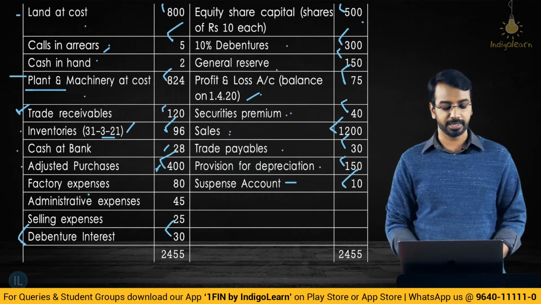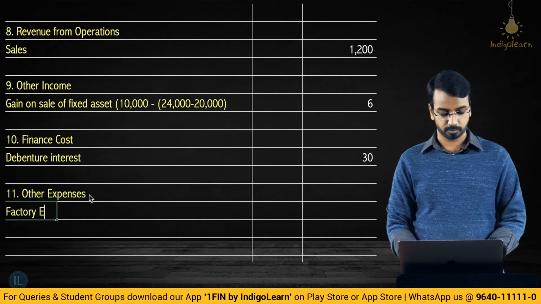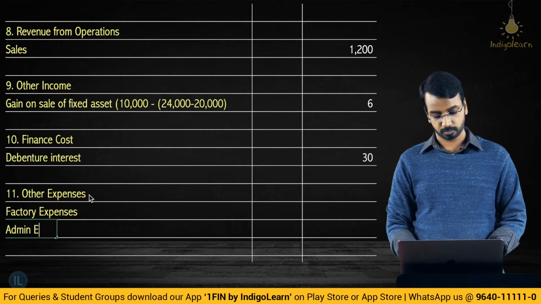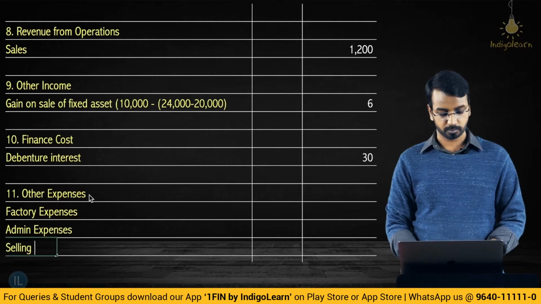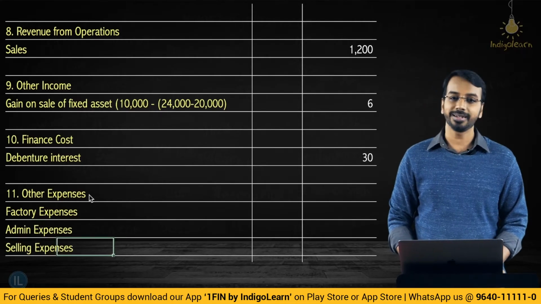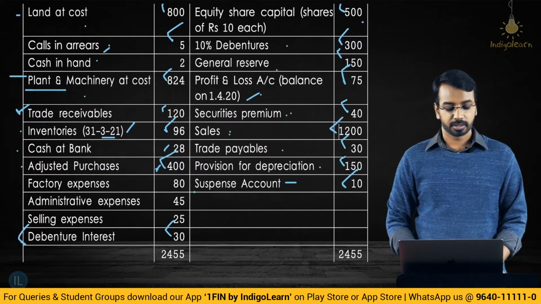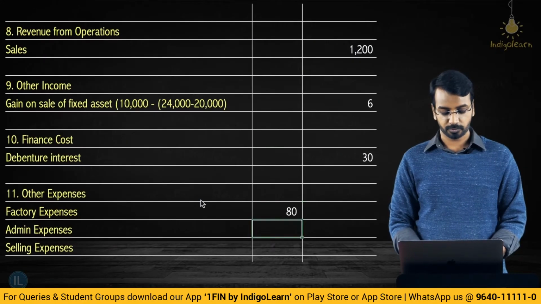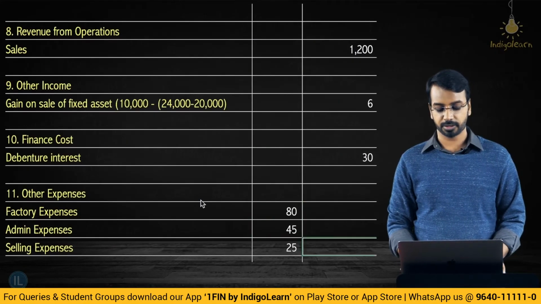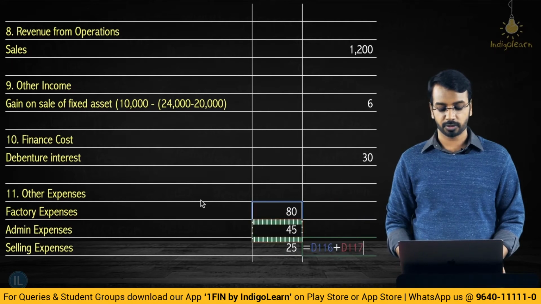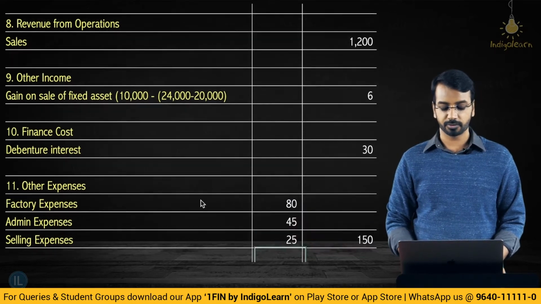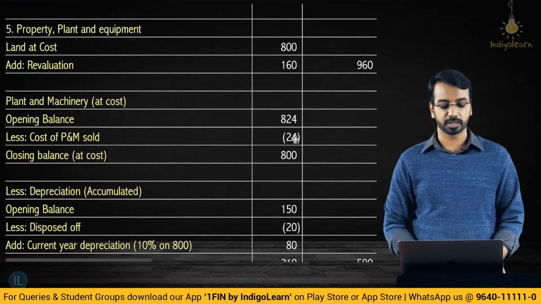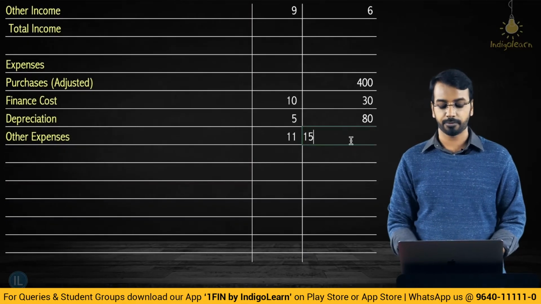Factory, admin and selling expenses. What are the numbers? 80, 45, 25. Right. So that will be 80 plus 45, 125 plus 25, 150. So this will plot it in the P&L. Other expense of 150.